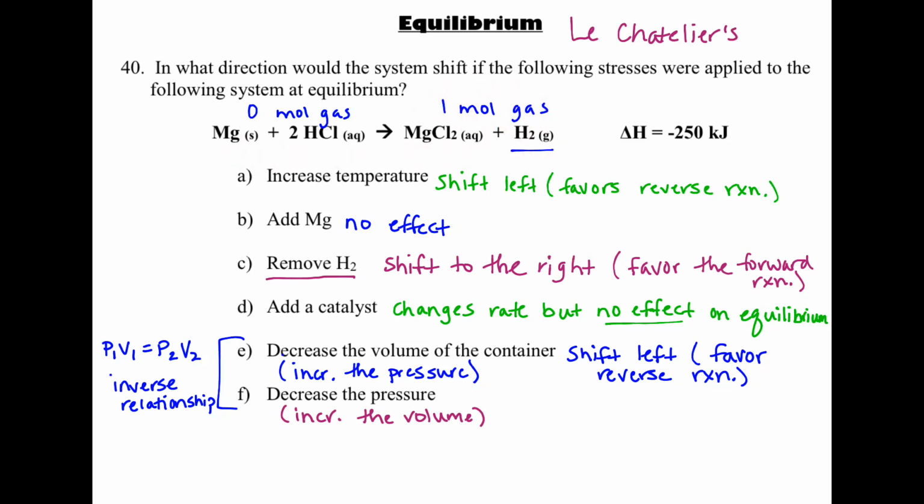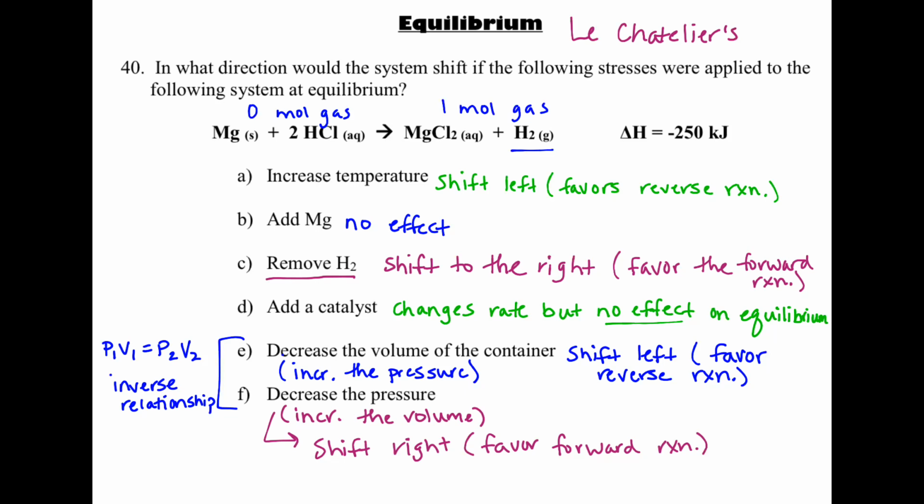So for our final one, we'll say that decreasing the pressure would, let me do this on the bottom here, would shift to the right, and in other words, favor the forward reaction. Okay, so there's just a few examples with Le Chatelier's principle.